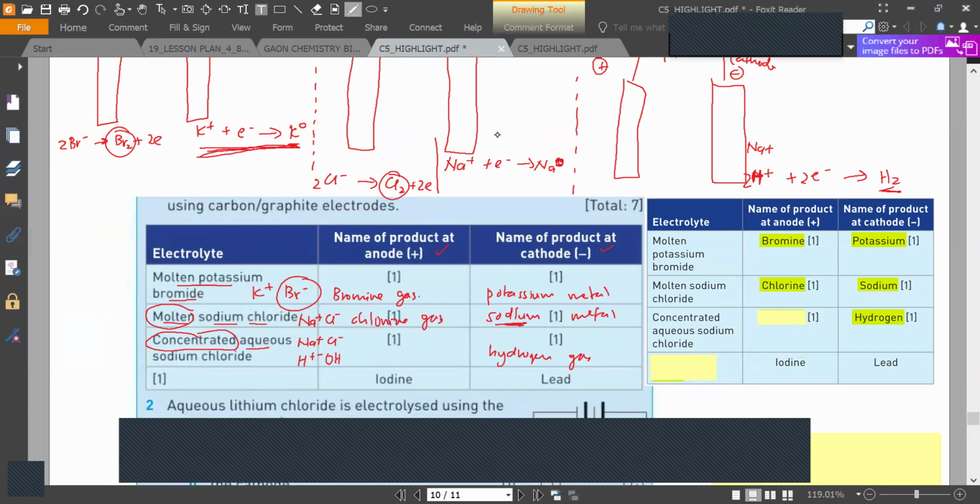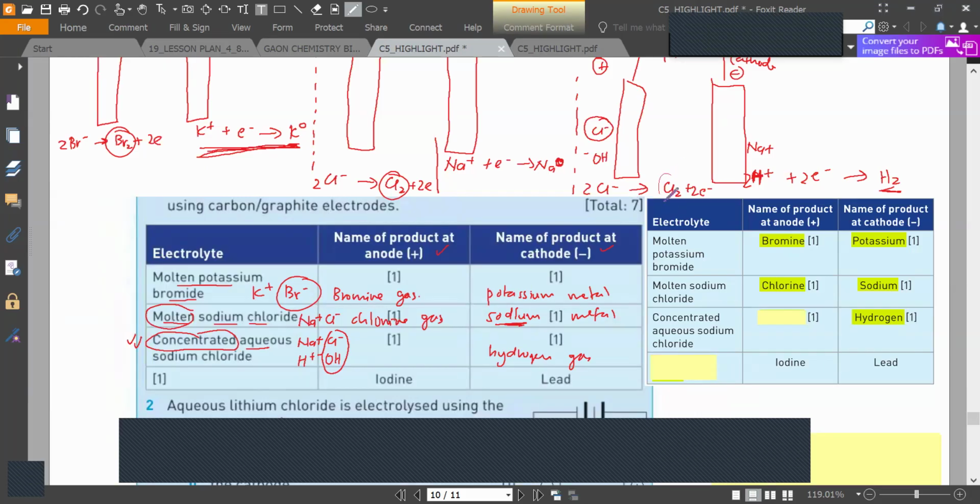Next, here we have these two, chloride and hydroxide. Which one will react depends on whether it's concentrated or not. If it is concentrated, then we will choose chloride, because there's a lot of chloride there. It will turn to chlorine, so we lose two electrons here.